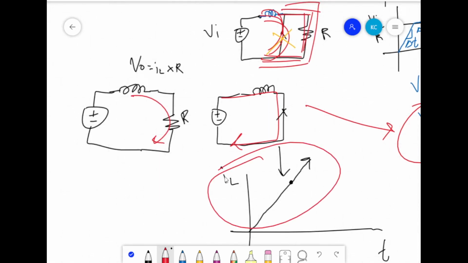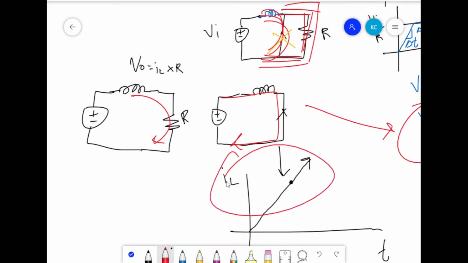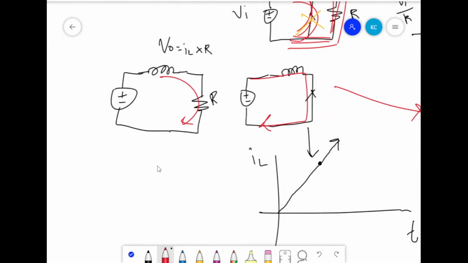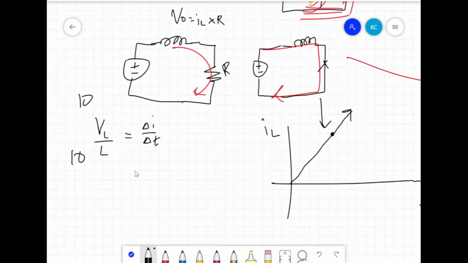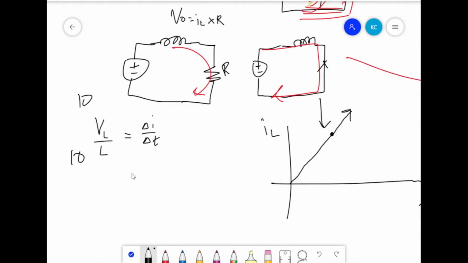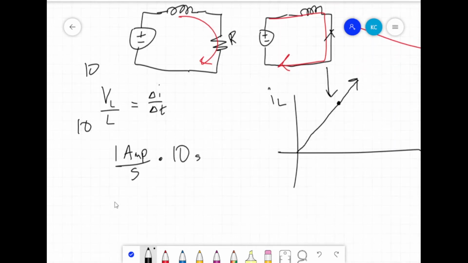Let's say for our boost converter, we've built up a lot of current. So let's just put it into perspective. We got the slope right here. We have 10 volts, 10 henries, so our slope is going to be 1 amp per second. And we hold this for 10 seconds, so that's 10 amps.